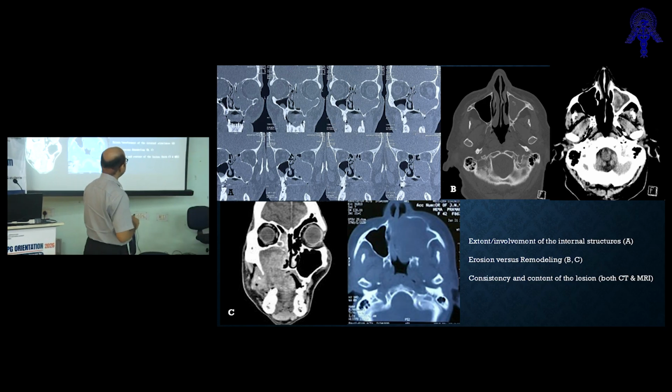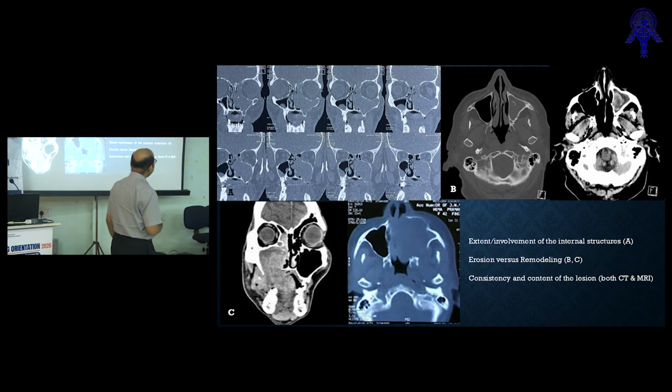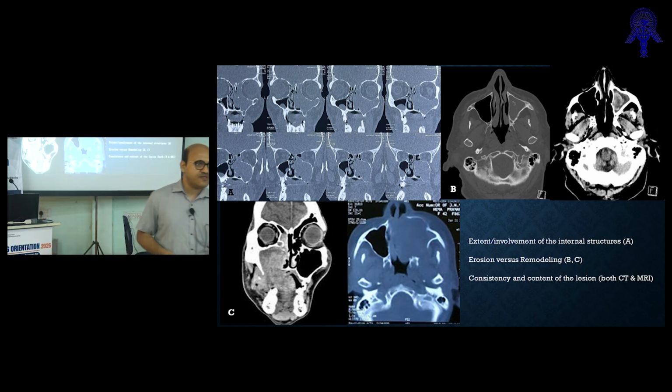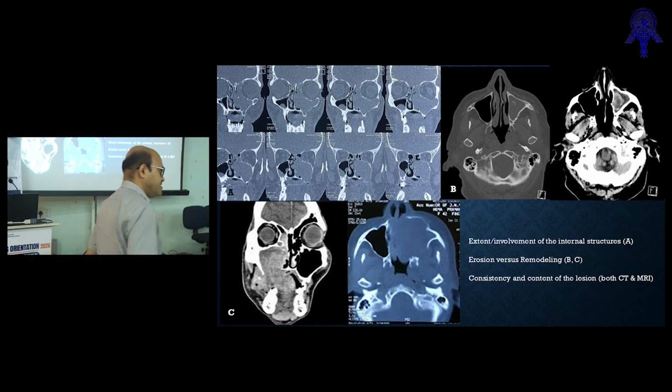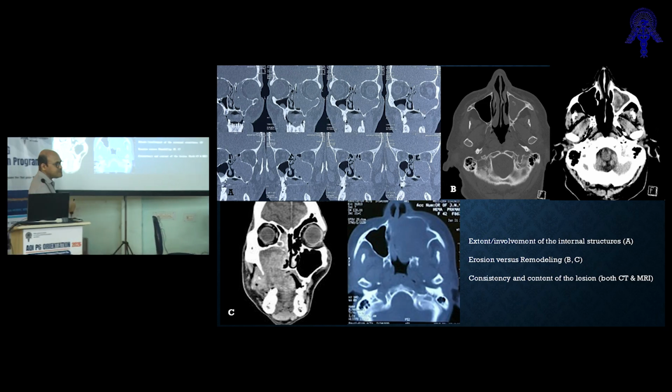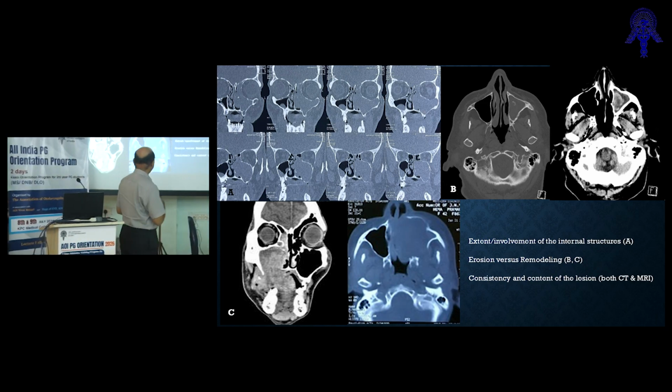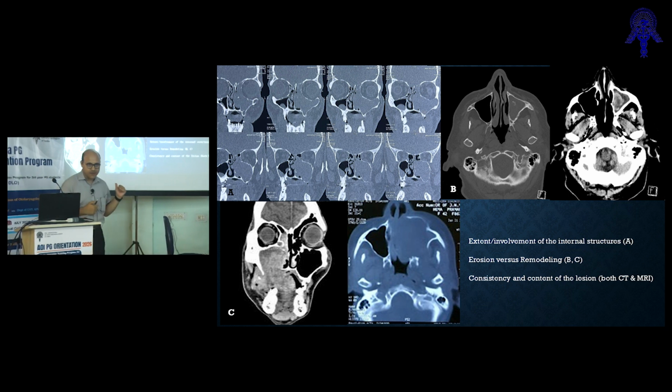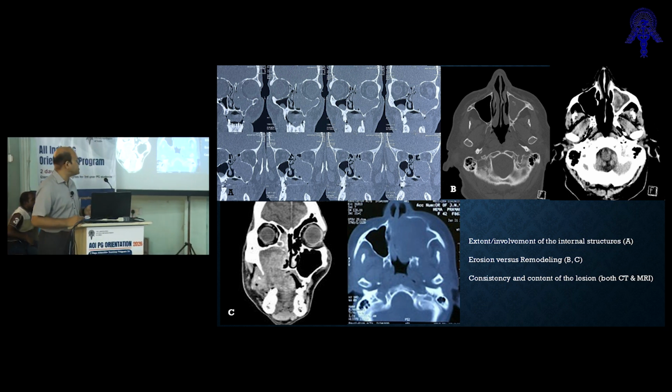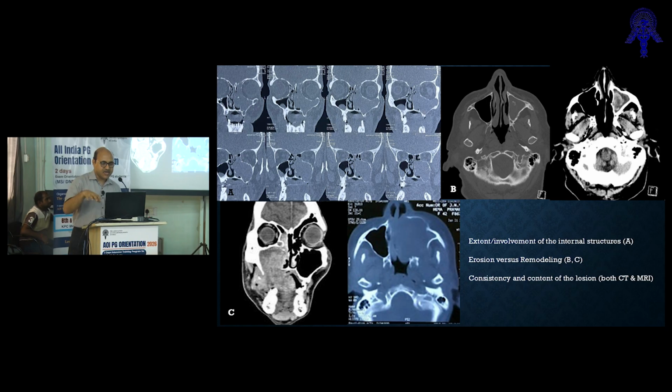Here you can see the soft tissue window and a bone window where there is reactive osteogenesis. So a particular disease can cause both thinning as well as thickening of the sinus wall. So you have to be very careful reading these scans. These are examples of remodeling. And here you can see a frank erosion, a malignancy obviously, which is eroding the floor of the maxillary sinus and coming into the oral cavity.